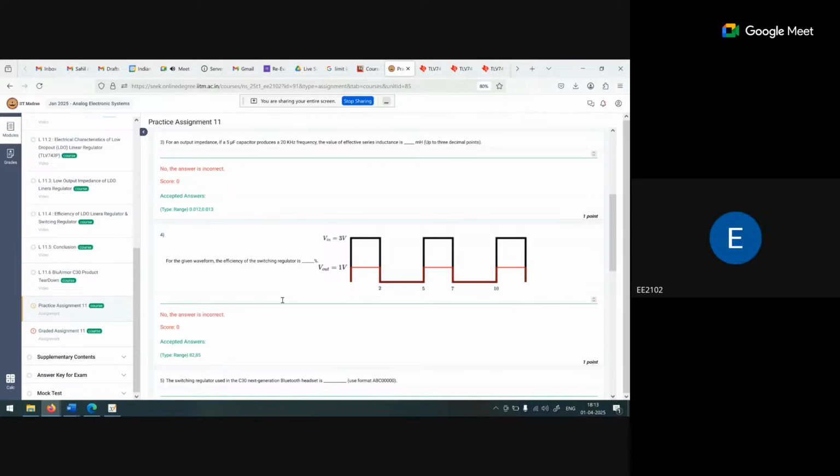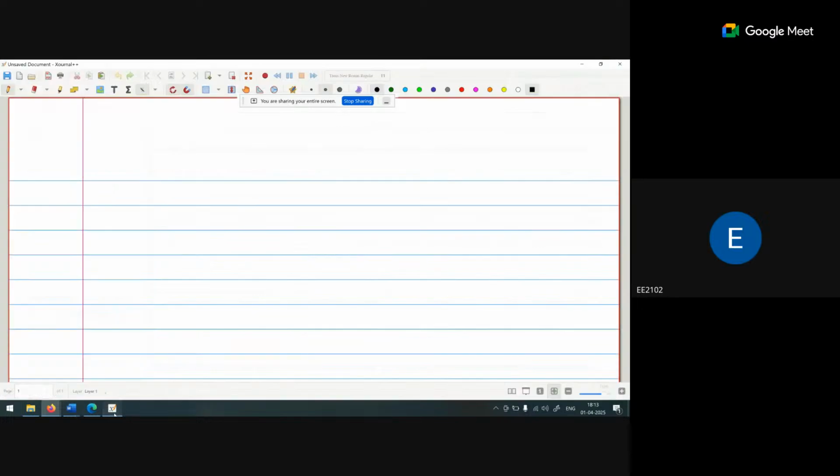If you remember, the efficiency formula is V out by V in into duty cycle.